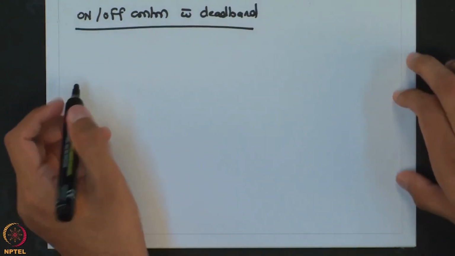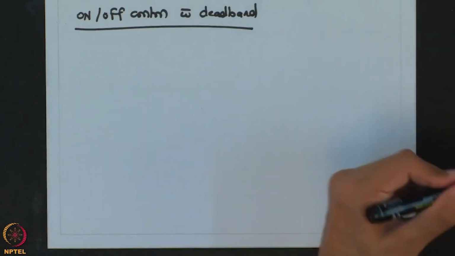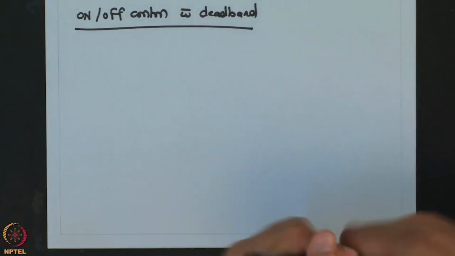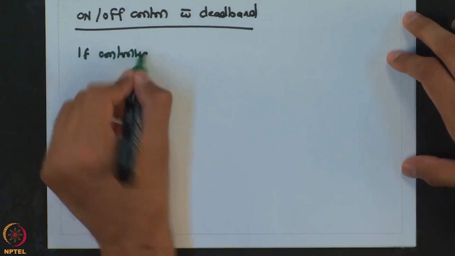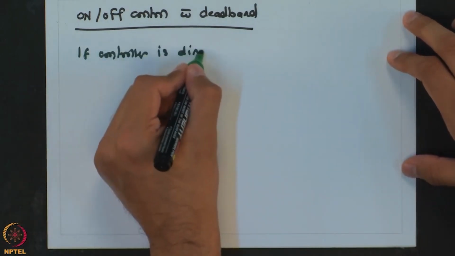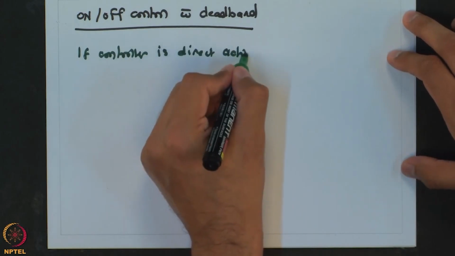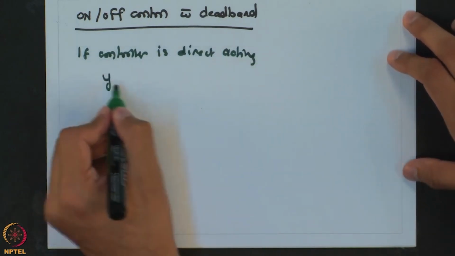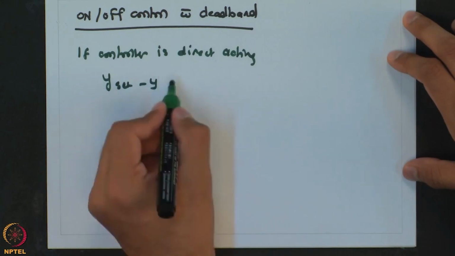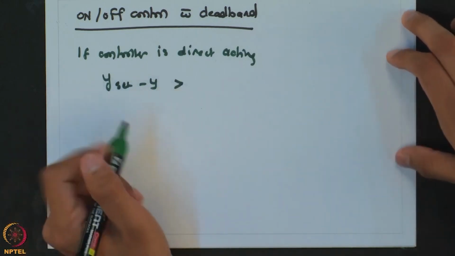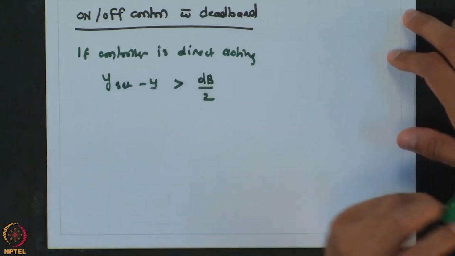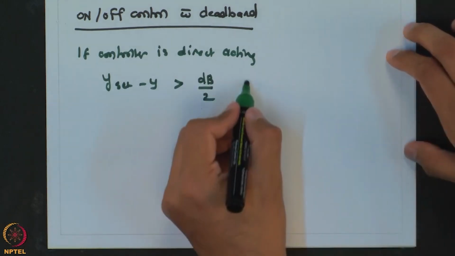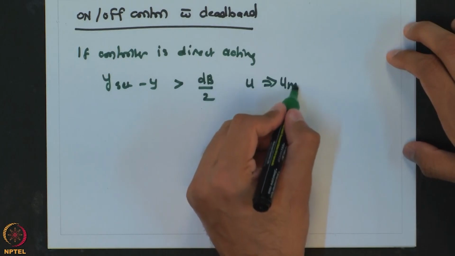will look like this. So, if the controller is direct acting, y set minus y, rather than greater than 0, we look at greater than some positive number, then u becomes u min.